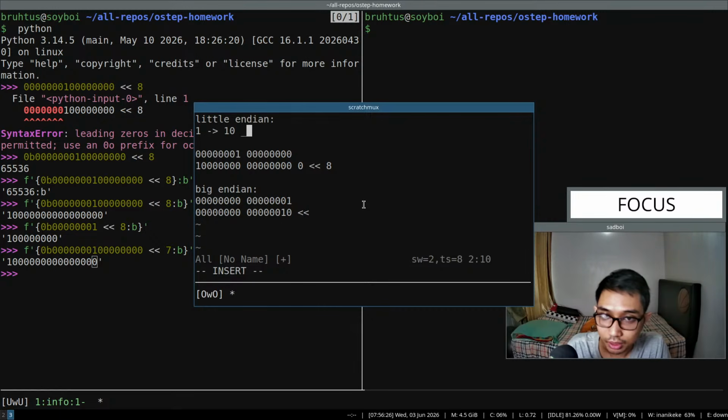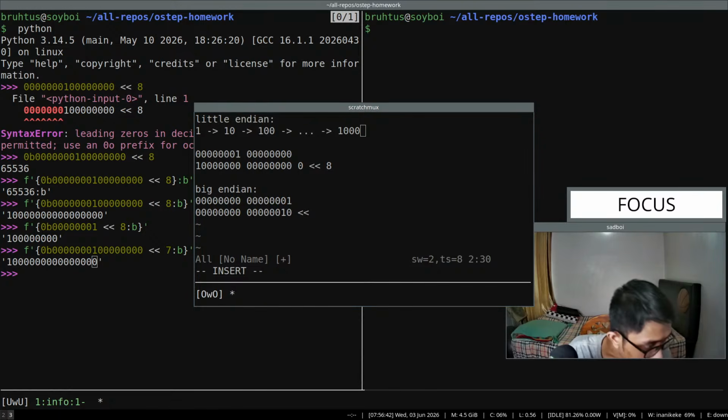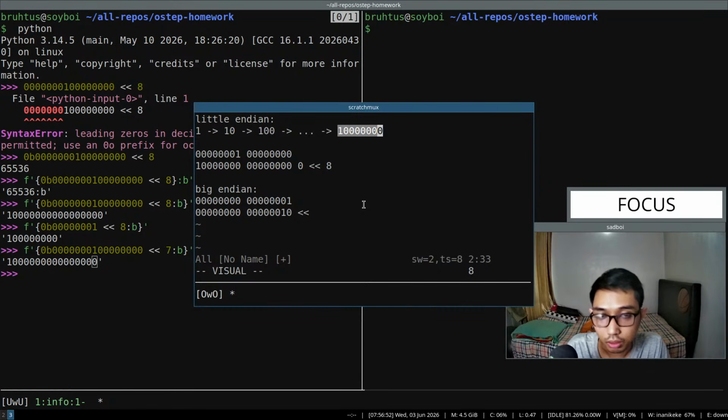Becoming something like this and then shifting again until, is it? I think we copy this until 8. Okay.